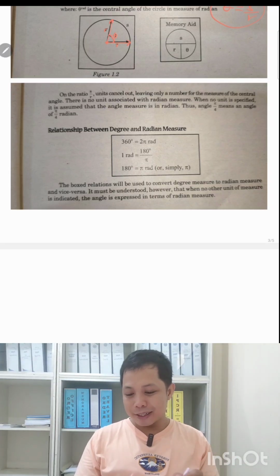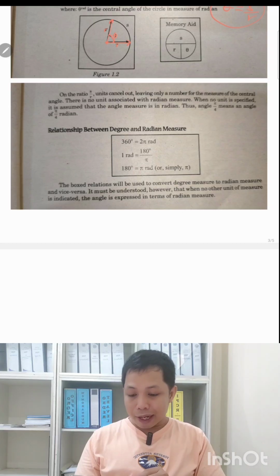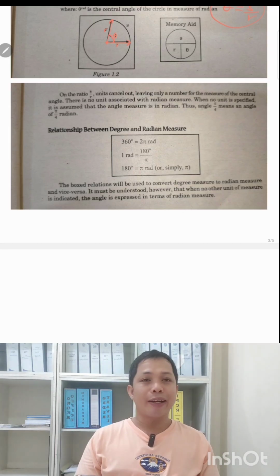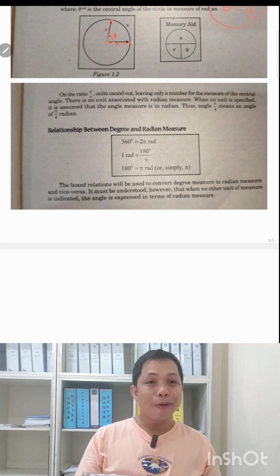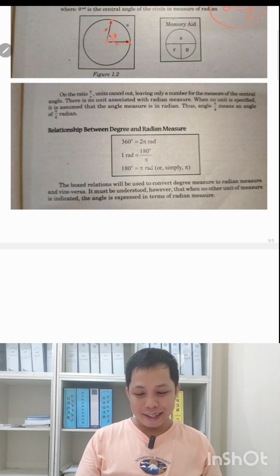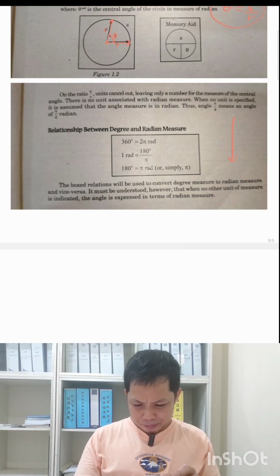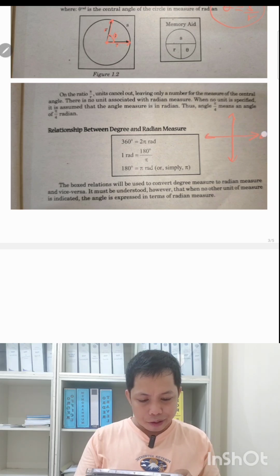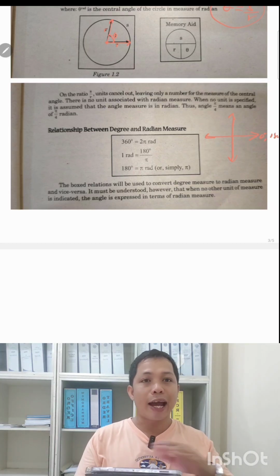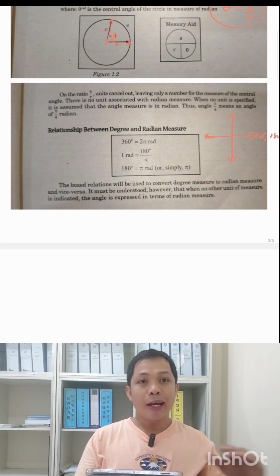Okay? Now, let's proceed to the relationship between degree and radian measure. So 360 degrees is equal to 2 pi radian, right? Because we have this illustration. So this is 0 degrees. This is 180 degrees, right? Because a straight line is a type of angle.